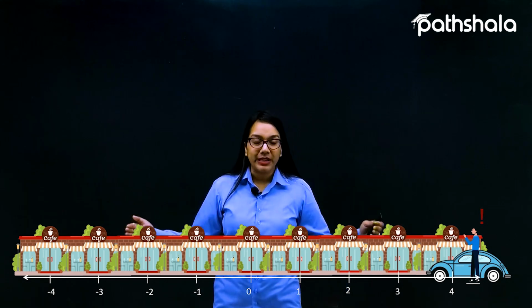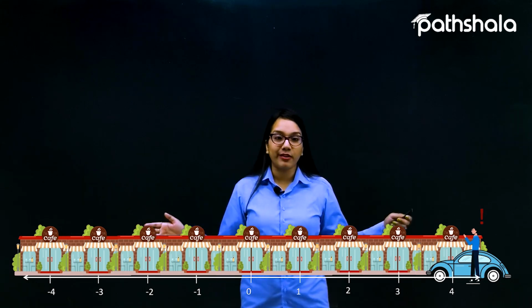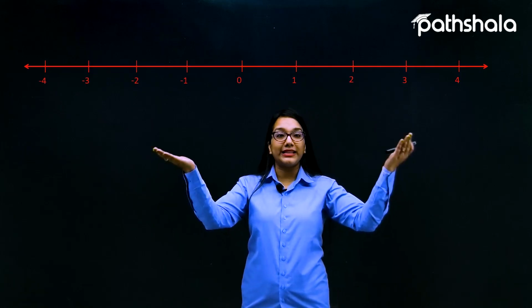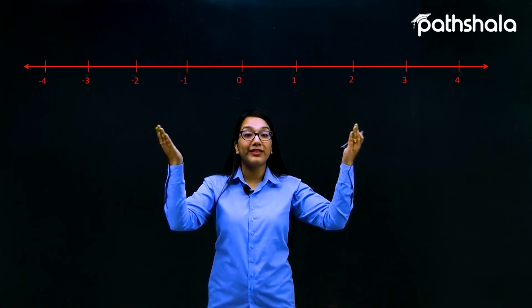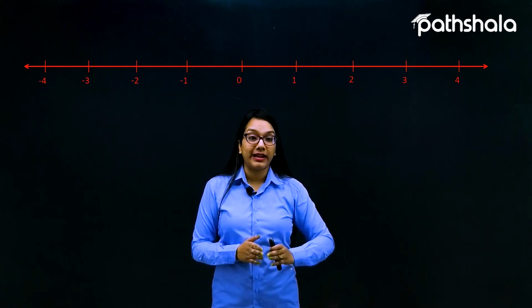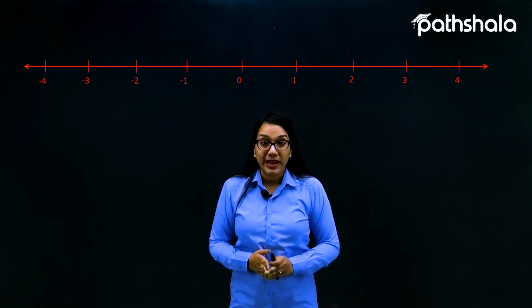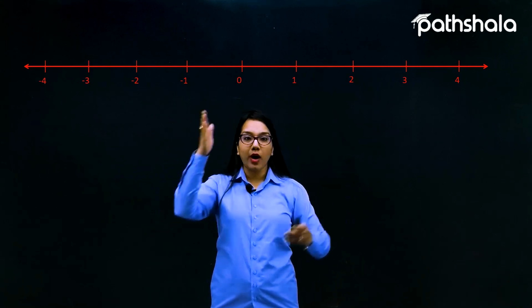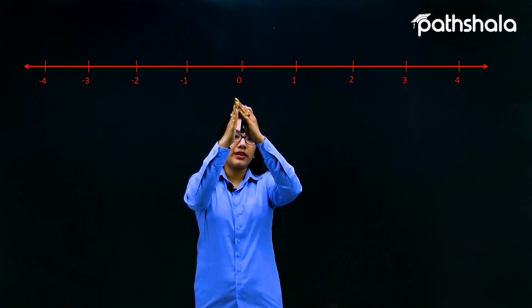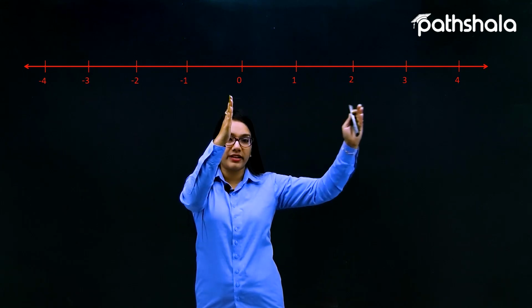favorite cafe. So let us suppose if I remove all these cafes, and this line is nothing but what is called a real number line or a number line that we are all aware of, that in a number line we have a 0 within, and the numbers on the right hand side are all positive in nature.